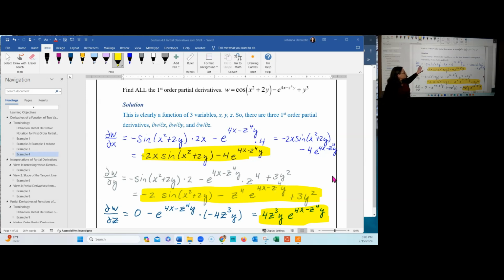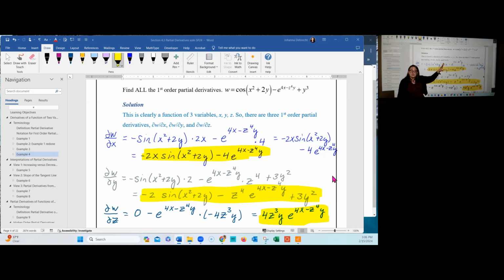The partial with respect to x then multiplies by the derivative of the inside, but with respect to x only. That makes the 2y term a constant, so its derivative is 0, and the derivative of x squared gives us 2x.